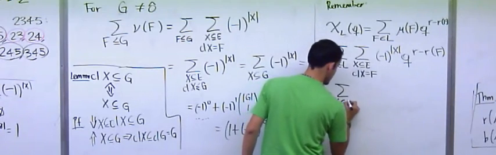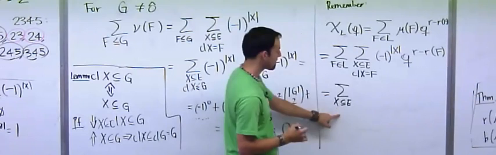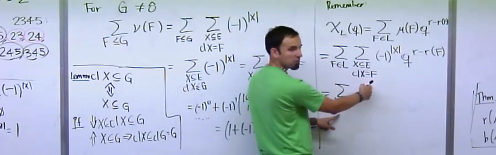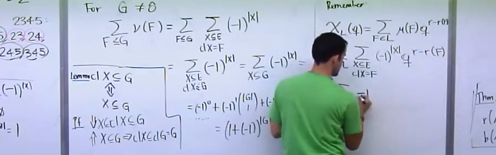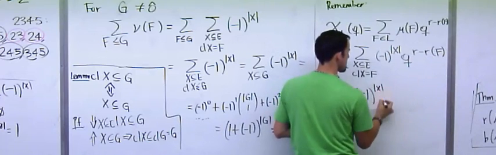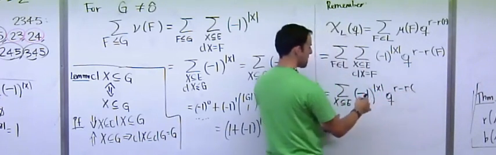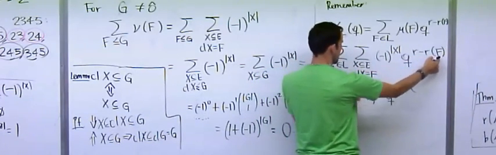So for each x, now f is just going to be the closure of x. And the only place where f is involved here is in this place, and f is the closure of x.